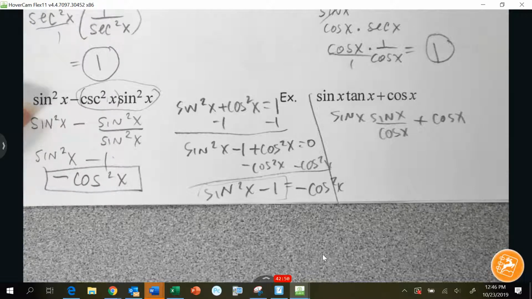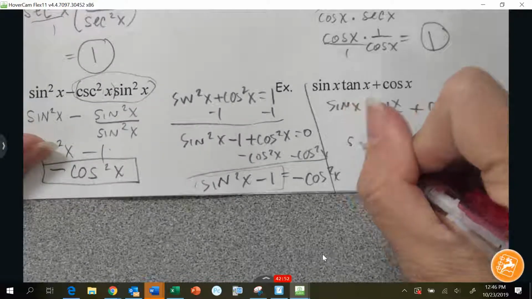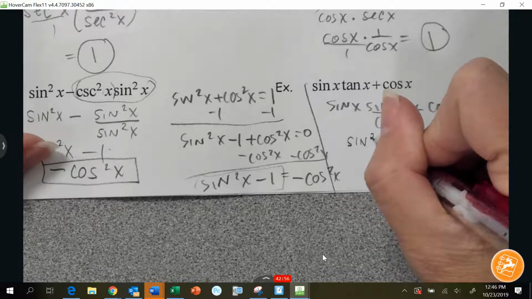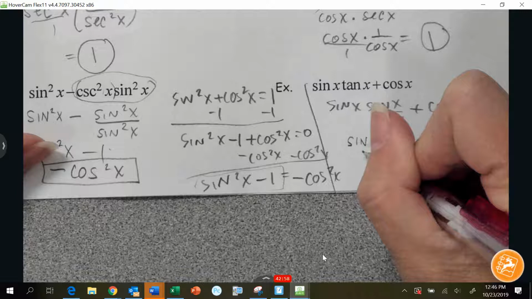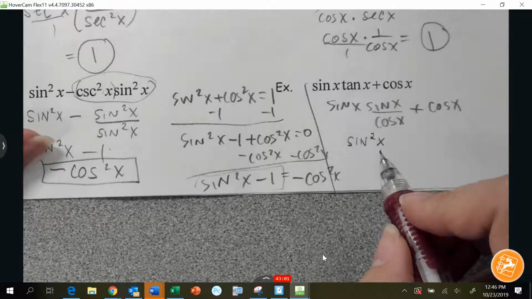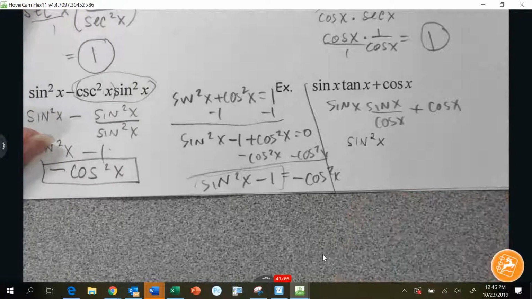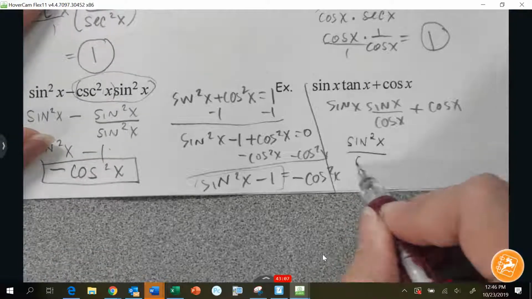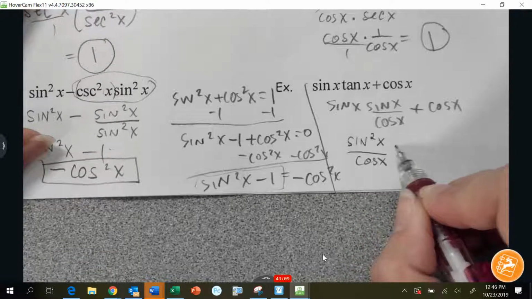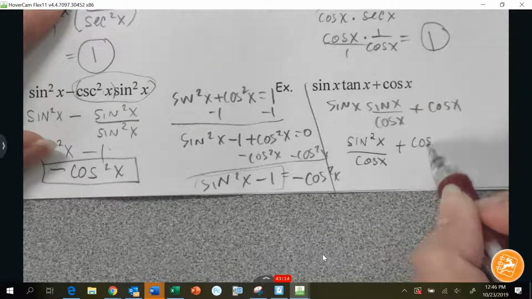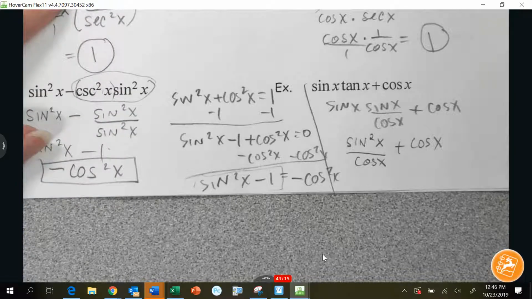Would it become sine, not 2x, sine squared x? Because sine 2x is something different. I just want to make sure. Over cosine x, plus cosine x. All right. We got to here.